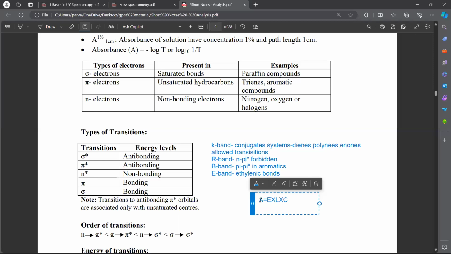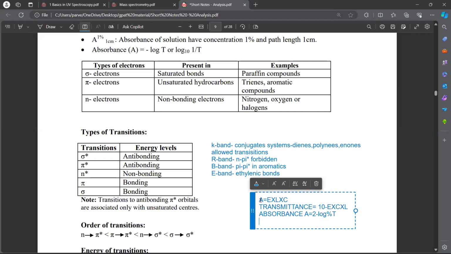While transmittance is equal to 10 to the power of minus epsilon into C into L, and the absorbance, which is denoted by the letter A, is equal to 2 minus log percentage T, where T is the transmittance.